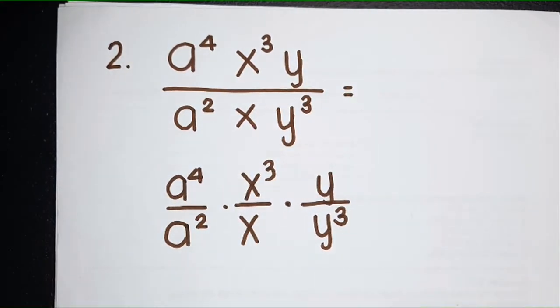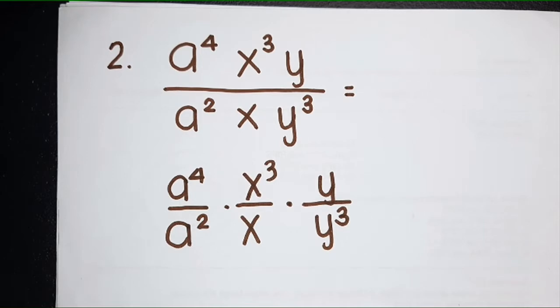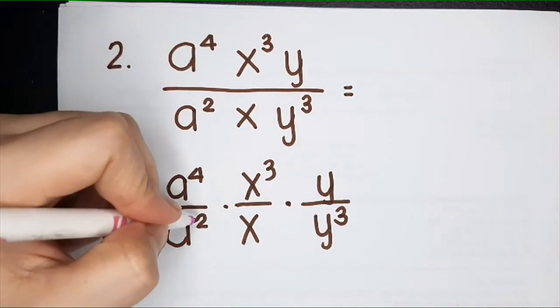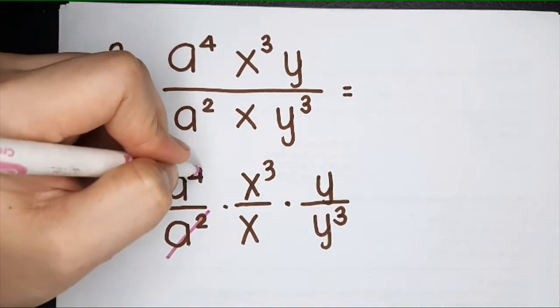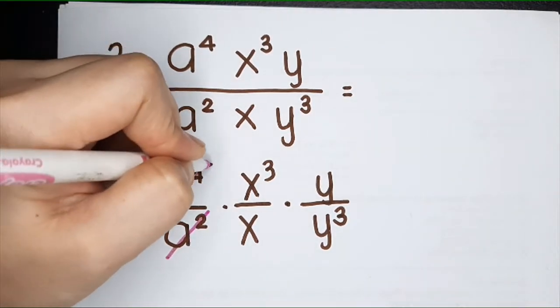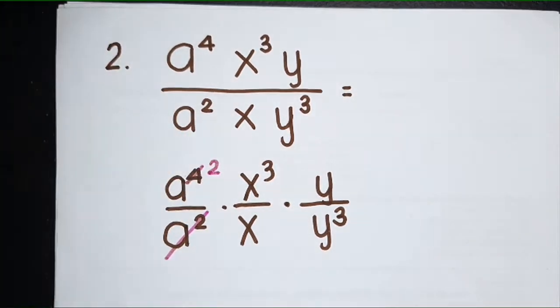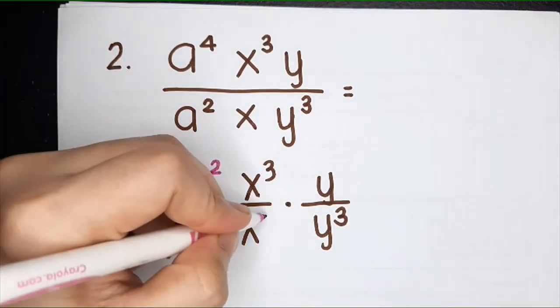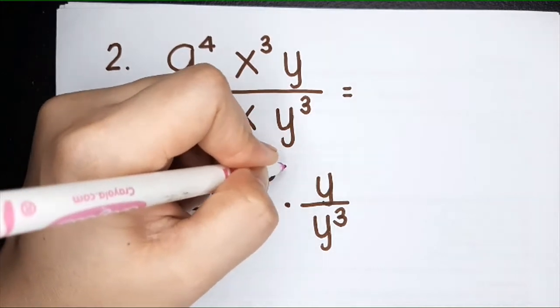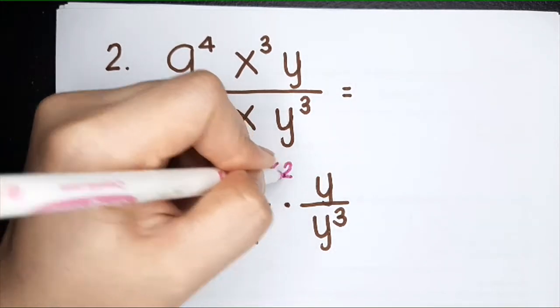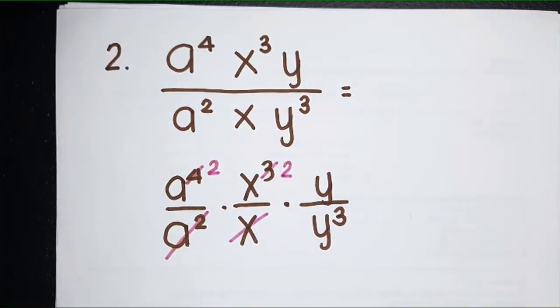Okay? So, what's going to be our final answer here? You should know that you can cancel this, and a becomes a squared. Here, you can cancel x and this becomes x squared also.